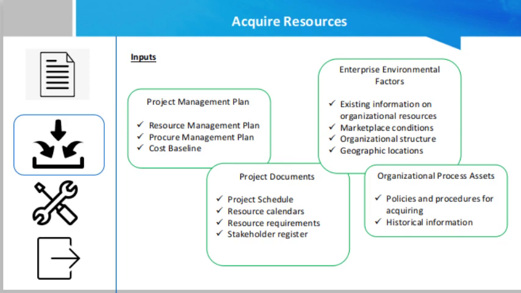Then resource requirements, which identify which resources need to be acquired. Stakeholder register may reveal stakeholders' needs or expectations for specific resources to be used on the project that need to be considered in the Acquire Resources process. Other inputs are enterprise environmental factors and organizational process assets.